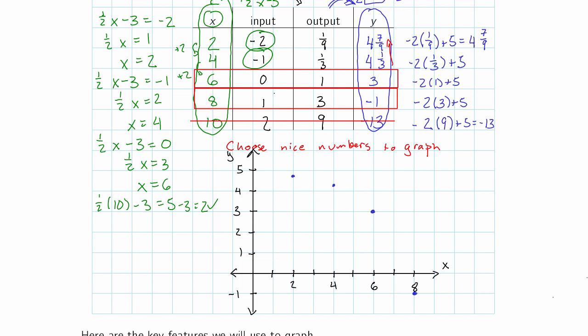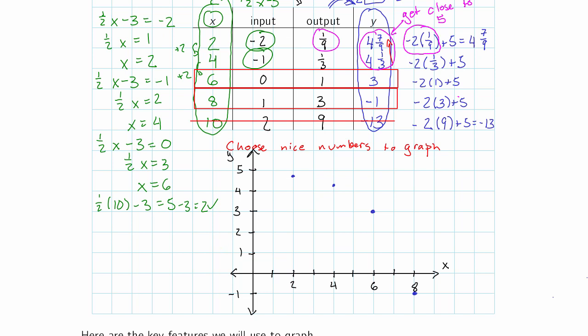Okay, so remembering the shapes I saw before, it looks like this is upside down. And that makes sense, because these numbers are going to keep getting close to 5. Right? Because this fraction keeps getting smaller, and then we've got something negative times that fraction added to 5.